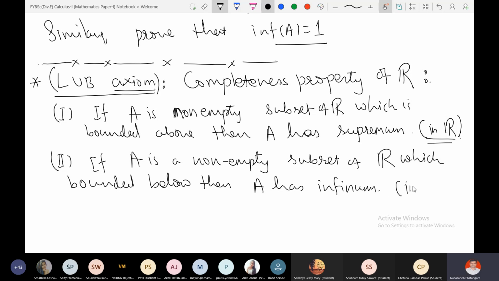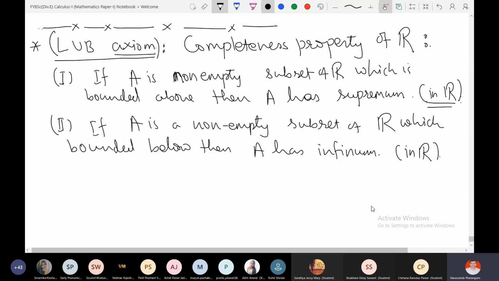Right? Having an infimum means it is available in the real world. Real world means in real numbers, because whatever is in real numbers, that is in the real world. Everything outside real numbers is not in our world. Right? It might be in another world. So that is the meaning of real world, in real numbers.